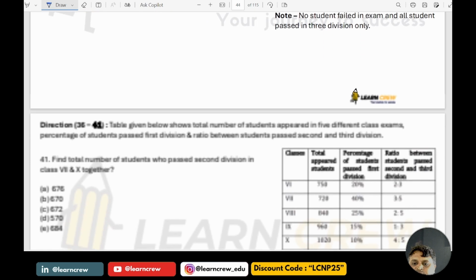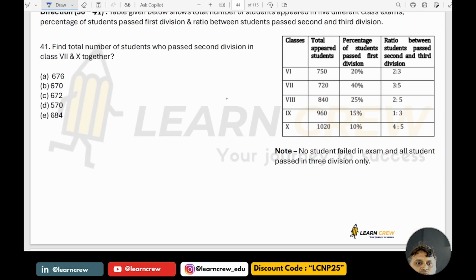Now question number 41. Find the total number of students who passed second division in 7th and 10th together. In 7th it is 3 by 8 of 60% of 720. And in 10th it is 4 by 9th of 90% of 1020.